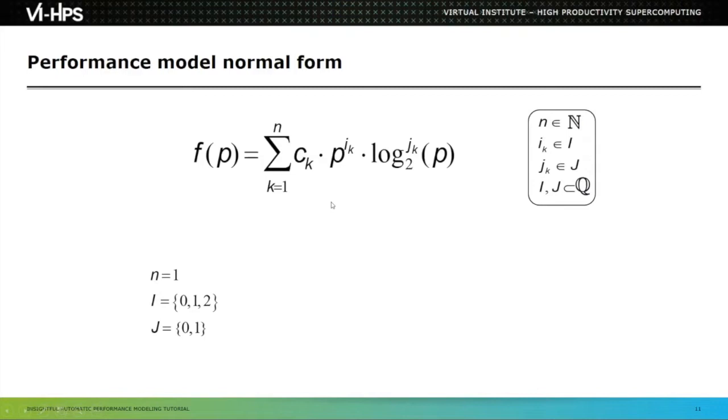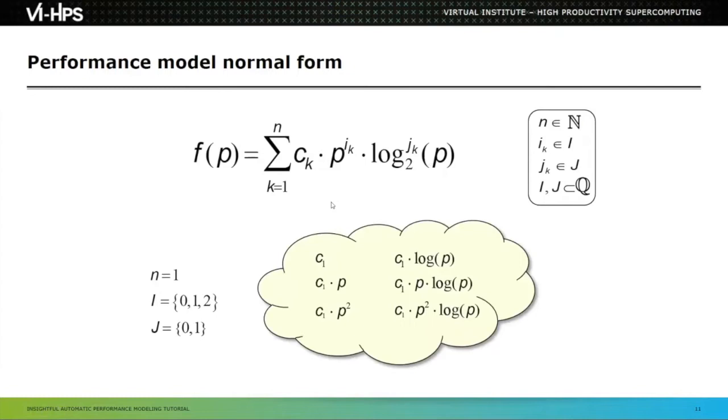By using this, we can restrict or enhance the search space as we want, and come up with different hypotheses that we can then test against our data. So a search space might look like this. This could be just a constant function, a constant with a polynomial, a constant with a logarithm, a constant polynomial logarithm, and so on.